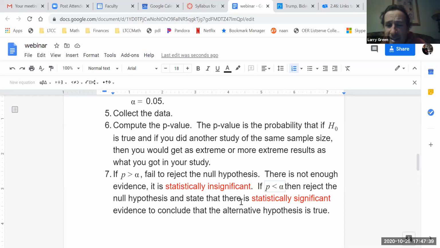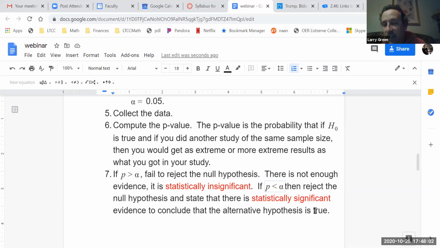I want to mention a word that is not ever in anything we do in this class, and I will take off points in anything you do if you use the word prove. You're not proving that the alternative hypothesis is true. You are having statistically significant evidence for it.